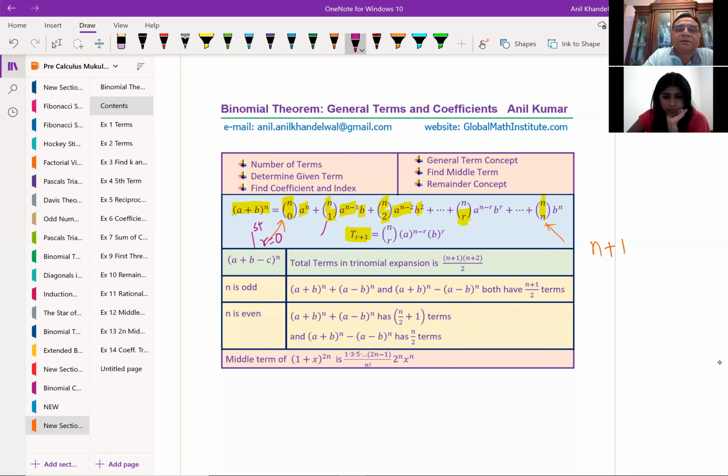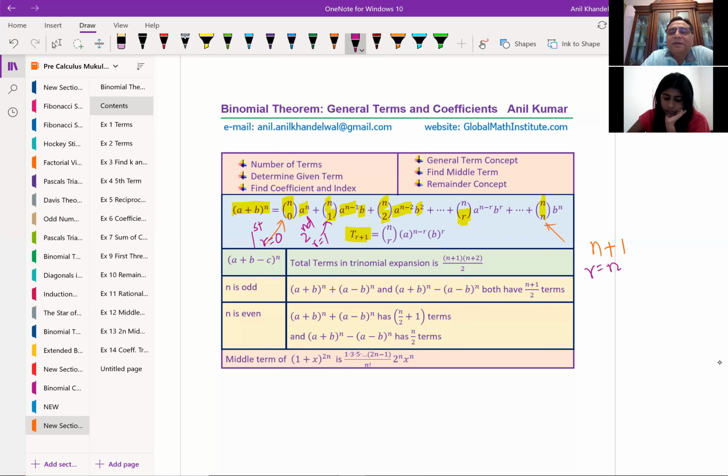And the second term, the r value is 1. So in general, you will see there are n + 1 terms, and the r value in the last case is equal to n, right? So that makes sense. So we write term number as T(r+1).